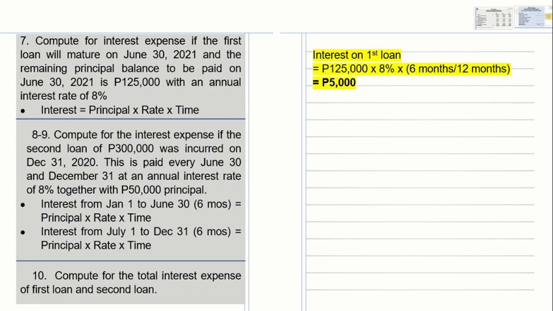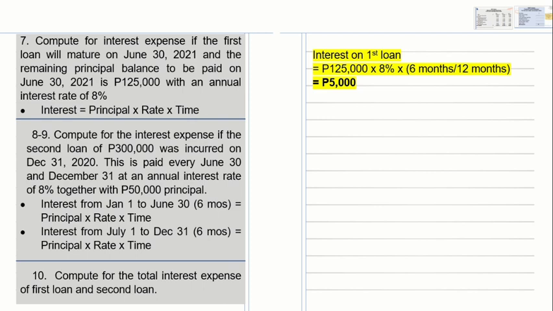So, kaning 125,000 is bayaran man siya on June 30, 2021. So, from January to June, that is 6 months. So, good for 6 months ra ang atong interest nga mabayaran. So, we have 125,000 times 8%, so times 6 over 12. So, we have 5,000. So, 5,000 ang atong interest on the first loan.